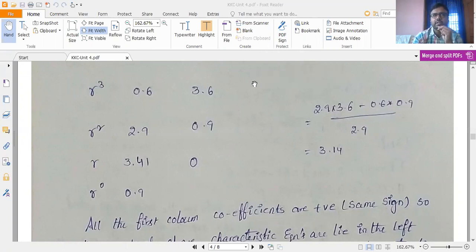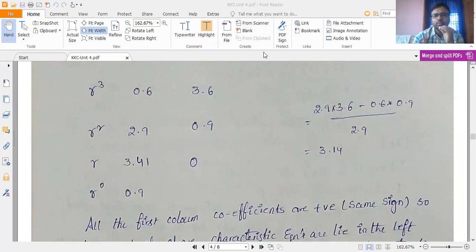So initially we convert the z plane into the r plane with the substitution of z equal to r plus 1 divided by r minus 1. After that, with the application of the RH table, we can estimate whether the roots are placed on the left hand side or the right hand side of the r plane.